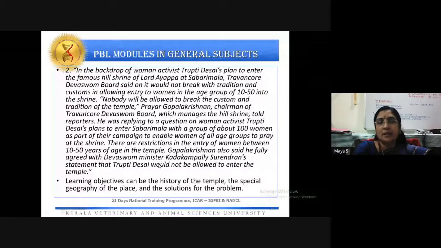Is it something concerned with disturbing nature, or is it something concerned with wild animal attack? So all those can be the learning objectives for a forestry student. So that is what I told you. The same problem can be given in different subjects, and it is the duty of the teacher and the students to link that particular problem with their own subject.